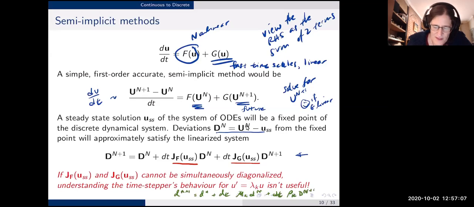So if I could simultaneously diagonalize, then I can actually analyze a single difference equation.